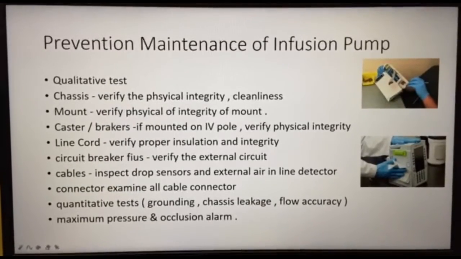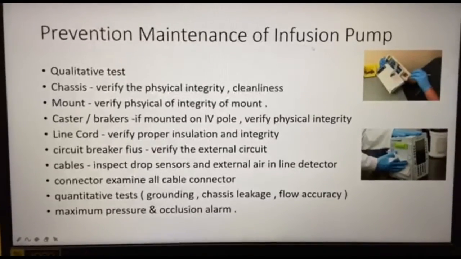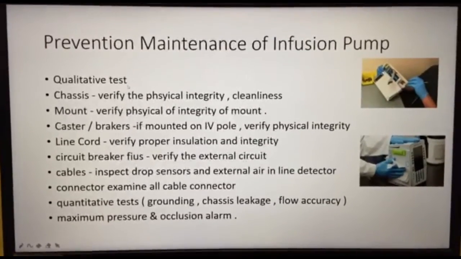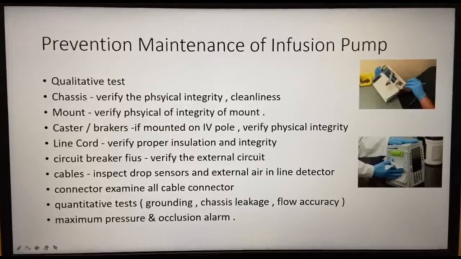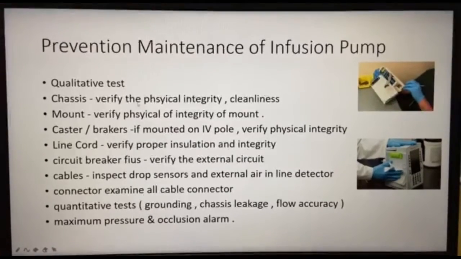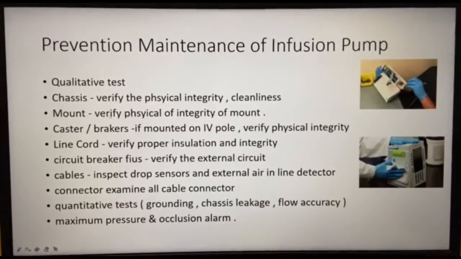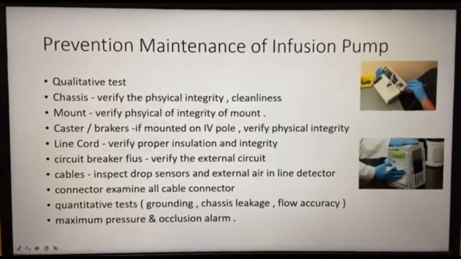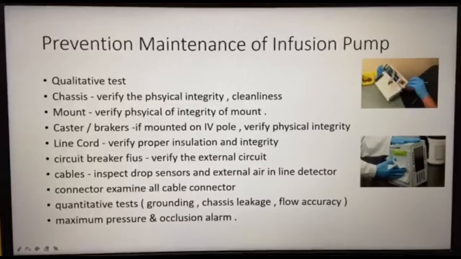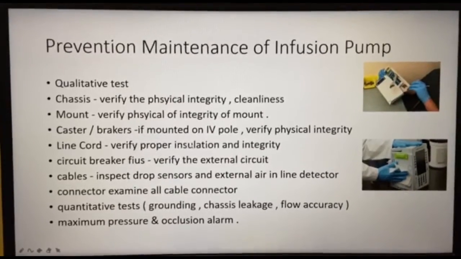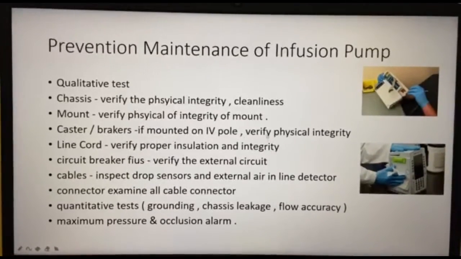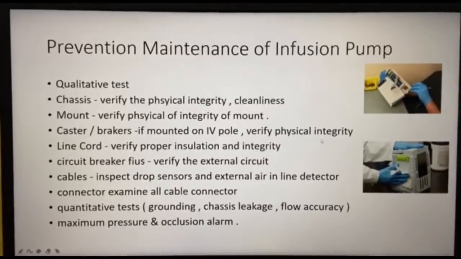For the preventive maintenance of infusion pumps, first we have a qualitative test to verify the physical integrity and cleanliness. Mount: verify the physical integrity of the mount and caster bracket; if mounted on an IV pole, verify physical integrity.